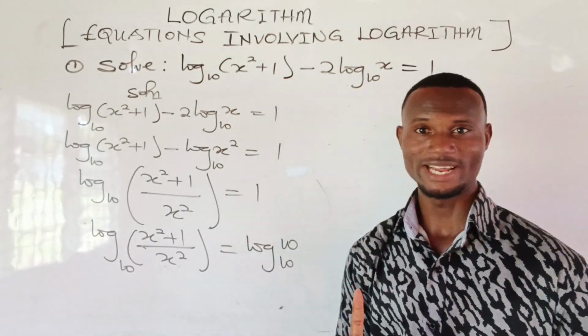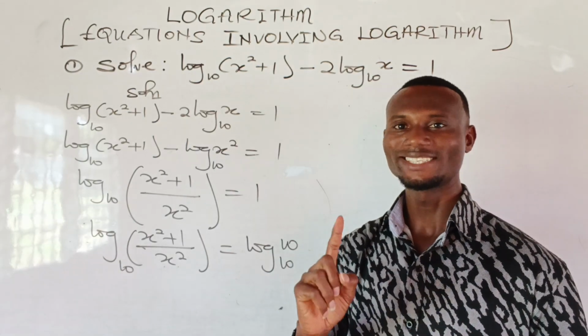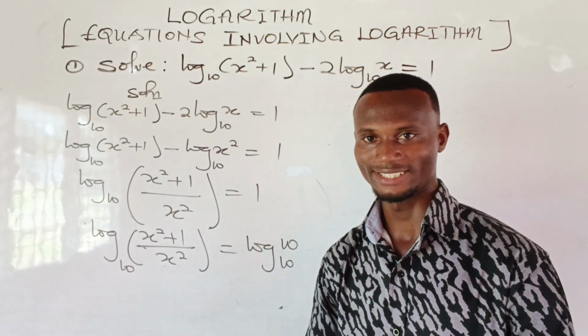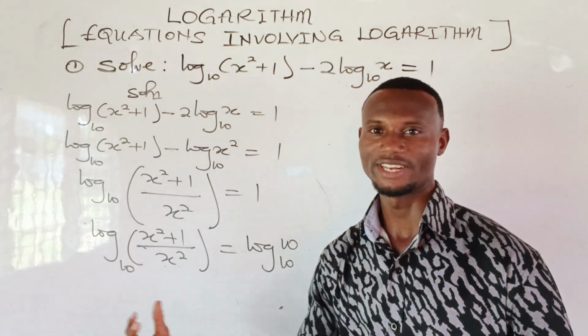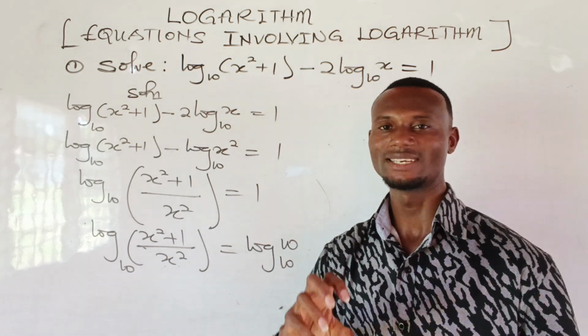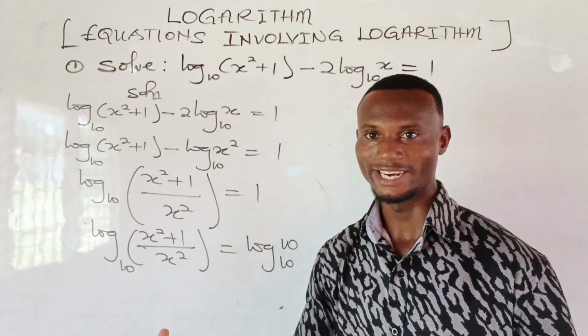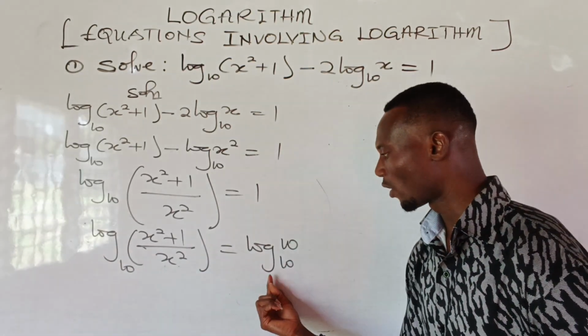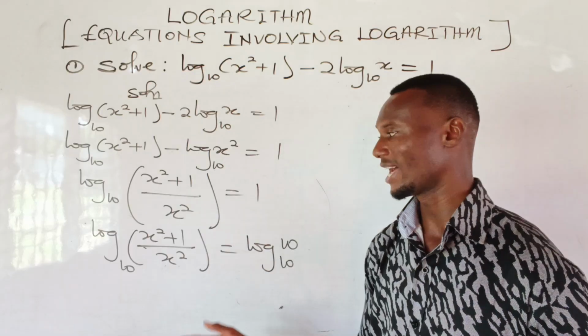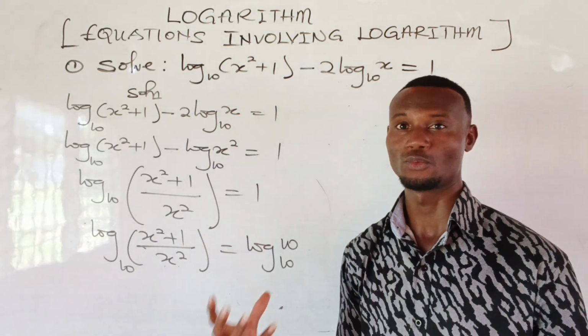We can only do that by taking anti-log of both sides. Again, we can only get rid of the log inside by taking anti-log of both sides. So when I take anti-log of both sides, the log here and the log here will disappear so that I can have what is left and work with it.